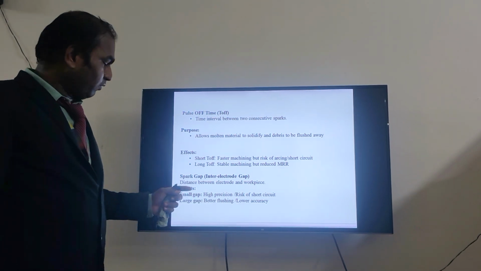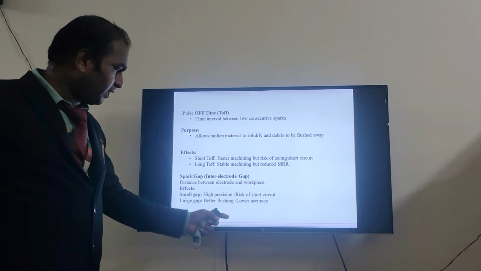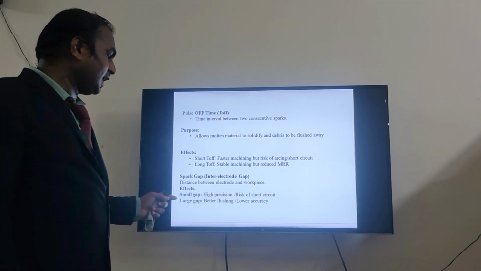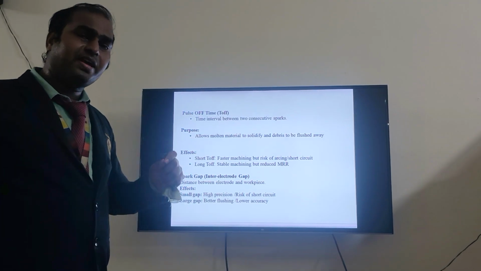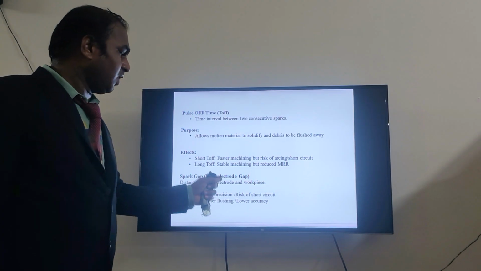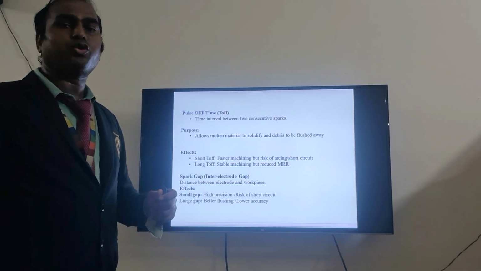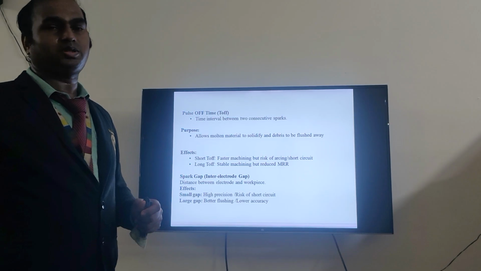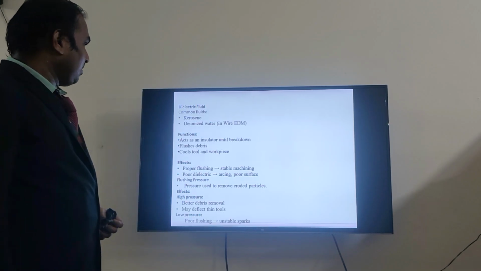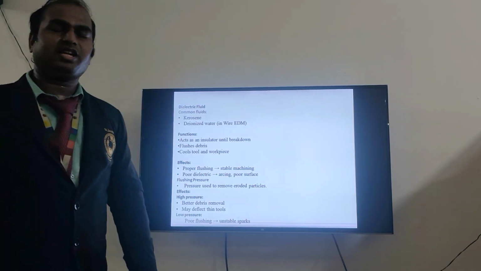A large gap produces better flushing with lower accuracy. A small gap creates very high accuracy and precision with a minimal amount of short circuiting during the operations.